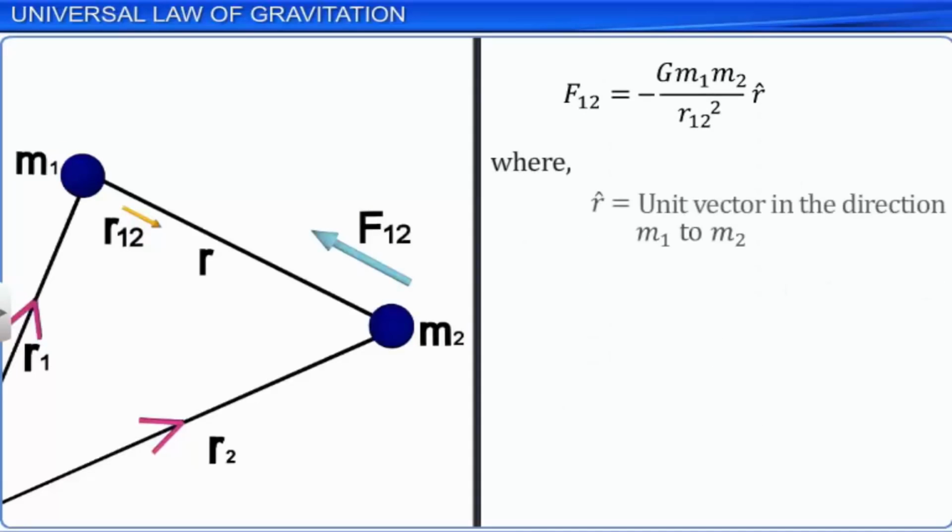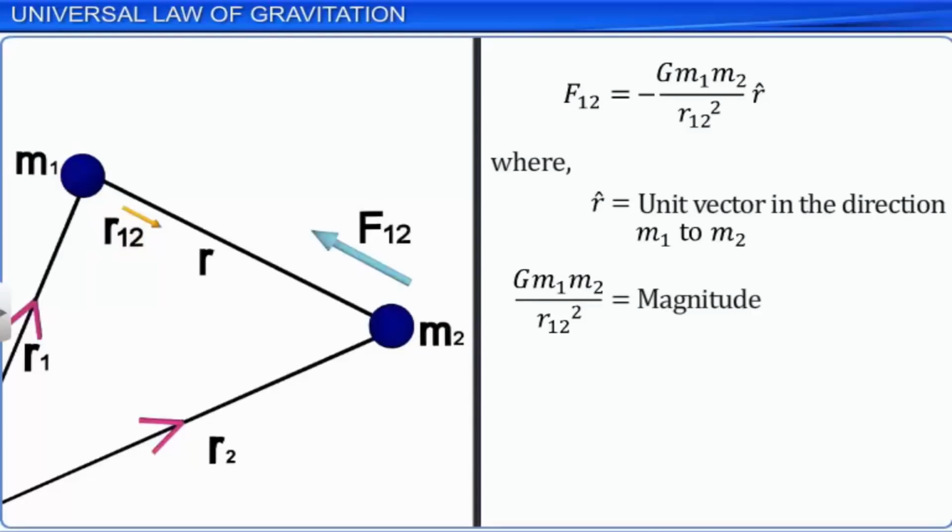In this expression, the quantity G m1 m2 by r12 squared is the magnitude of the force and can be denoted as modulus of F12.